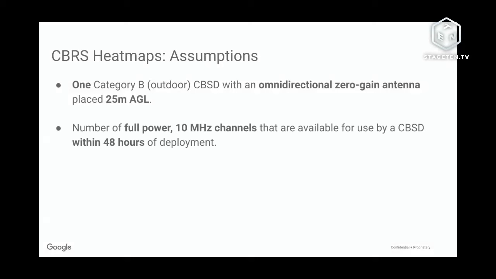The within 48 hours of deployment piece is a crucial piece to understand. If you deploy a device near a GWPZ, the SAS may have to suspend your grant until CPAS can determine that your device's transmission is not going to cause excessive interference to the protected entity.